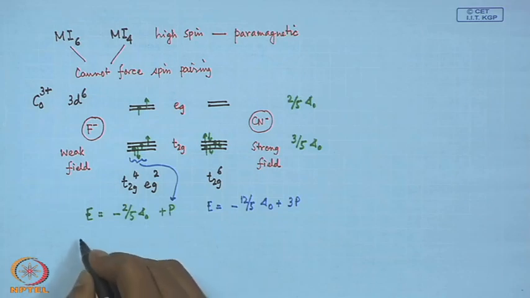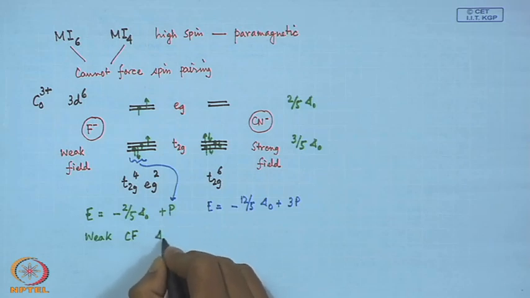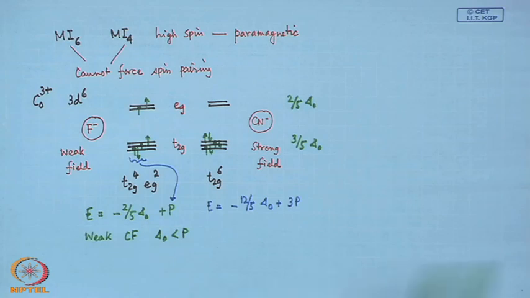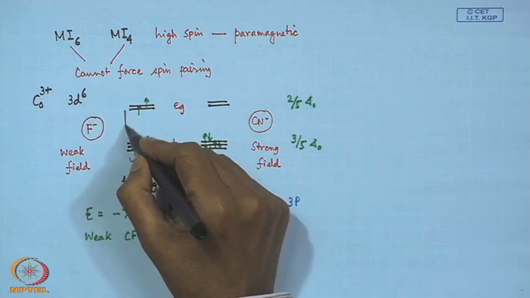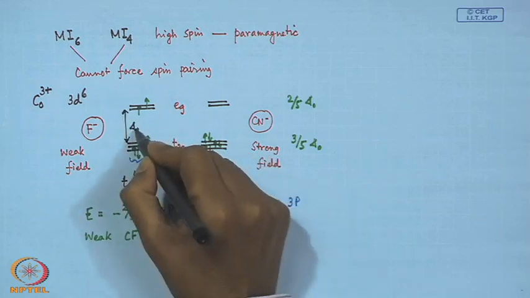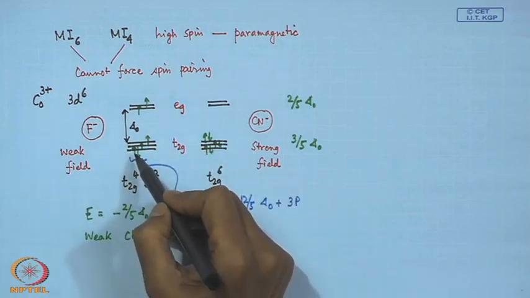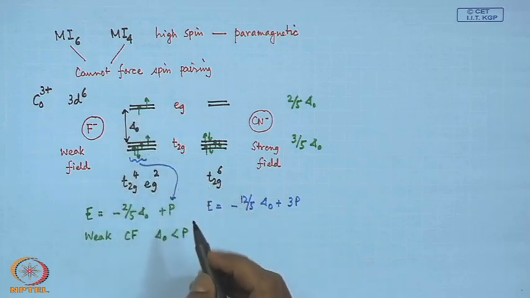In case of weak crystal field, on the left hand side, delta O of the octahedron is less than P. That means this separation is less than the pairing energy, which is why the electrons go from the lower to the upper level.